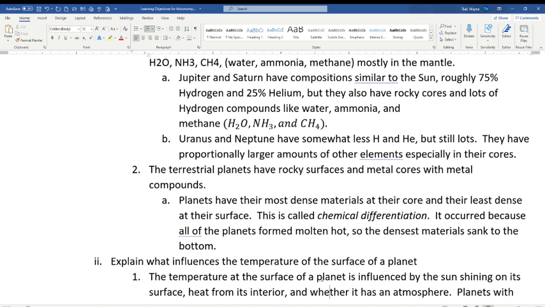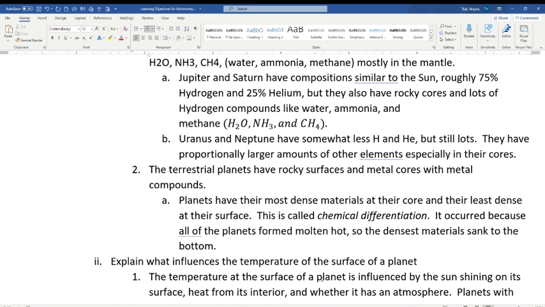Whether you're a Jovian planet, where you have rocky and icy materials in your core and hydrogen and helium at your surface, or if you're a terrestrial planet and you have iron and other metals in your core and less dense rocks at your surface.